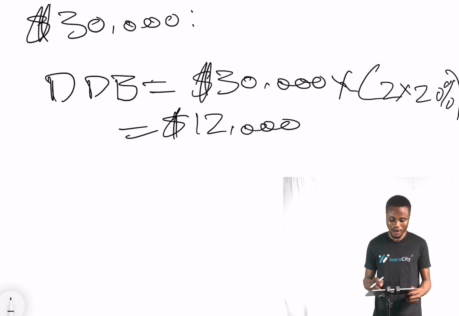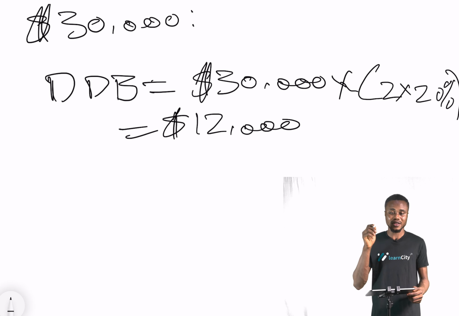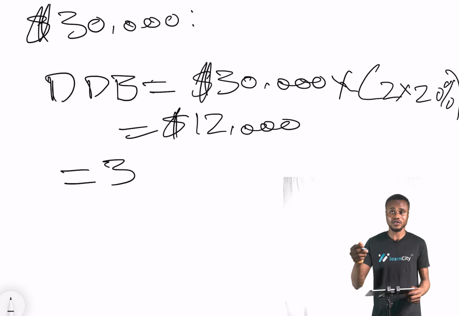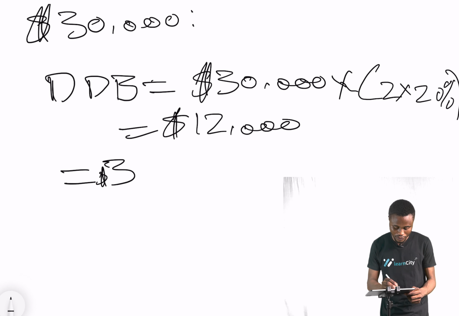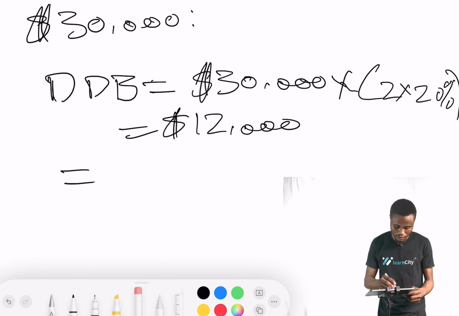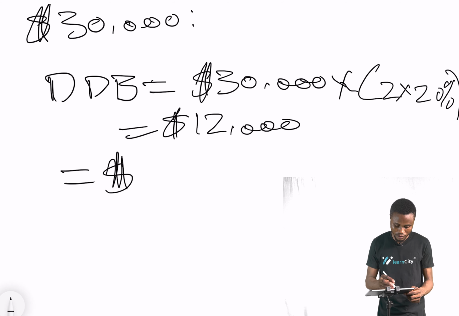So for you to get the actual DDB value, you have to minus this 12,000 US dollar from the actual amount, which is 30,000 US dollar minus 12,000 US dollar. Sorry, I'm making a mistake.